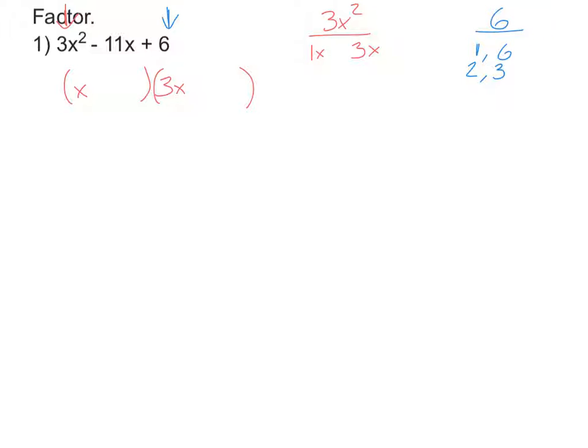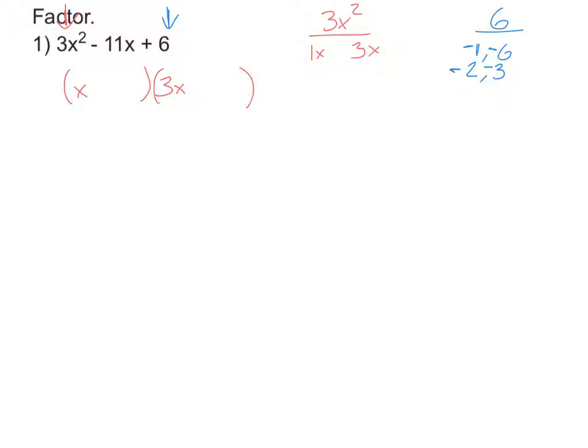So I need to figure out which of these four numbers over here, the 1, the 6, the 2, or the 3, we can multiply by 3 before combining like terms. So let's figure that out. I'll remind you that we want our inners to add to a negative 11, so the 1 and the 6, or the 2 and the 3, will definitely be negative numbers.